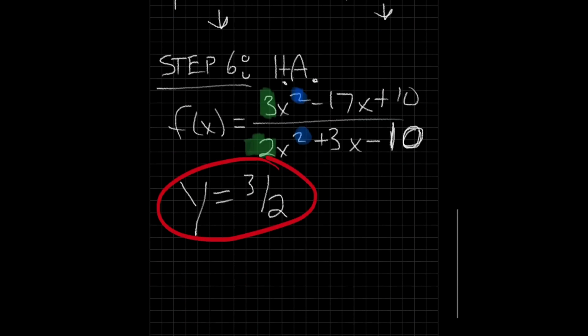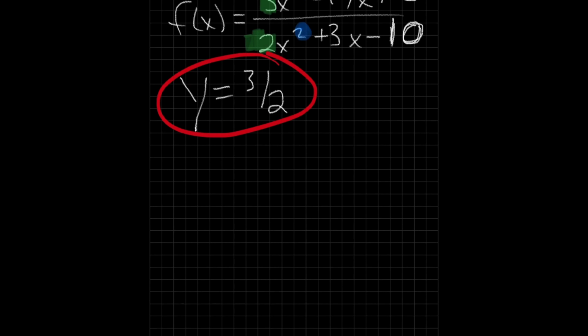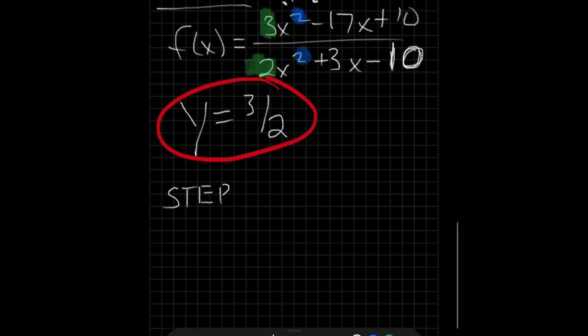The next thing you want to do is go ahead and find your x and y intercepts. I'm going to find my y-intercept first, then I'll find my x-intercepts, and then we'll be ready to graph.